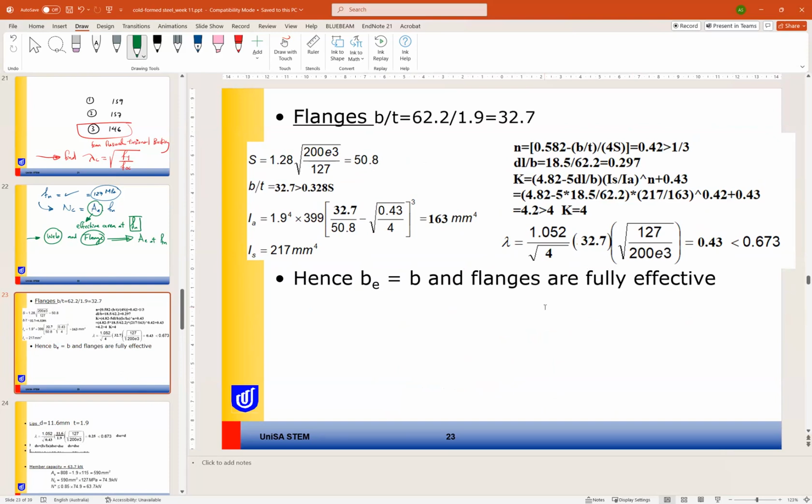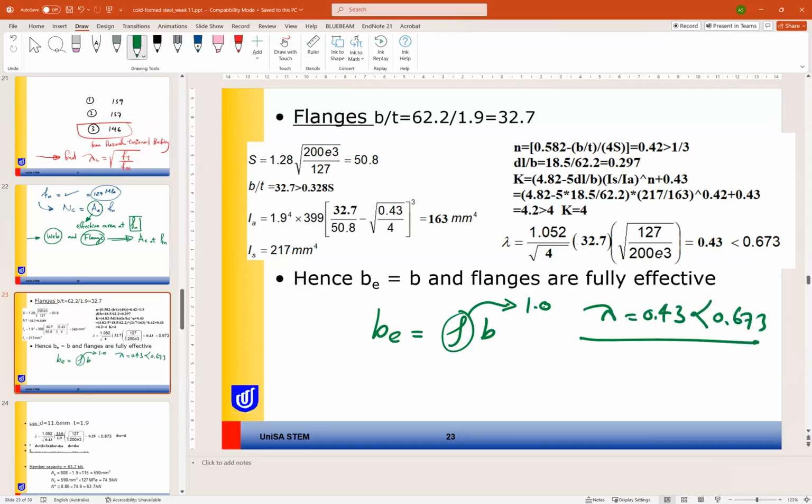We found that b effective equals rho b. Rho will be taken as 1 because lambda is 0.43, less than 0.67. So b effective equals b in this case. So no loss in the flanges, the flanges are fully effective.